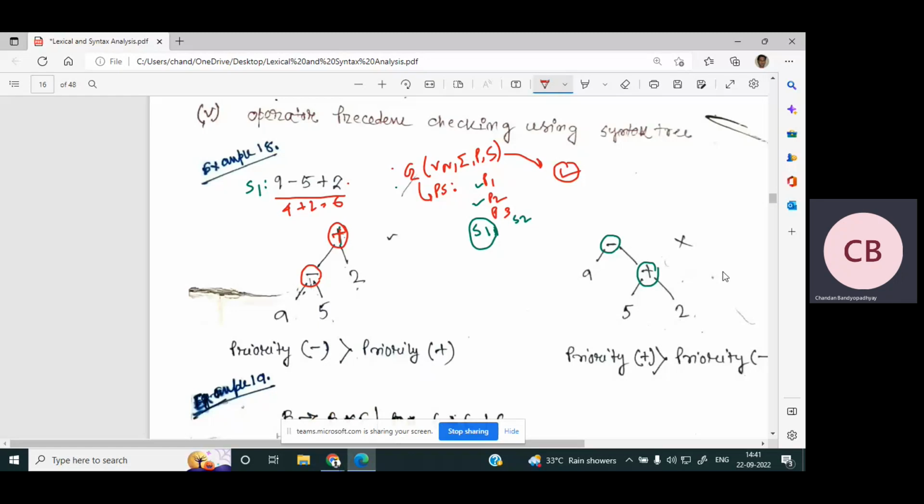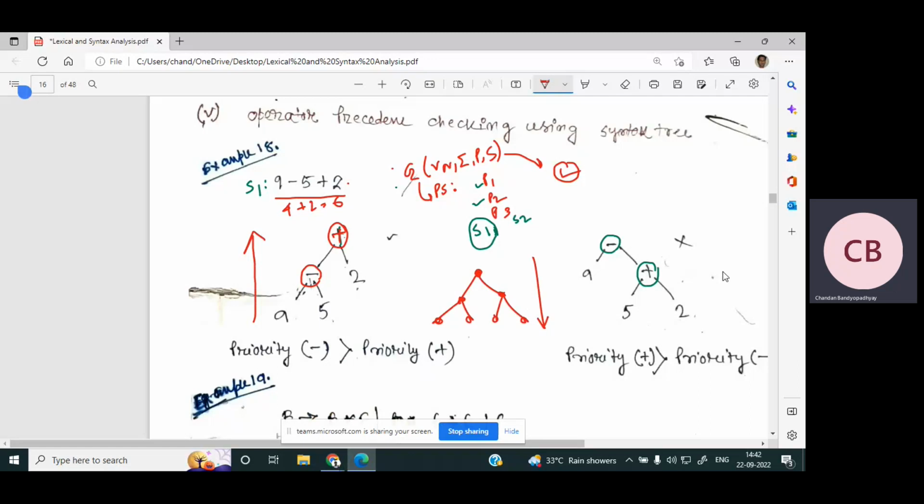Now, if I ask you to evaluate the tree, then you have to approach it from top to bottom or bottom to top. Why? If I ask how many nodes there are in this tree, then you approach top down, because this is a root, it has two children, the left child has two nodes, the right child also has two nodes.